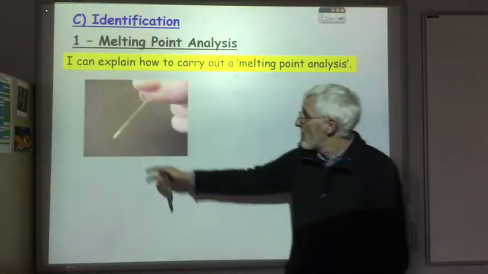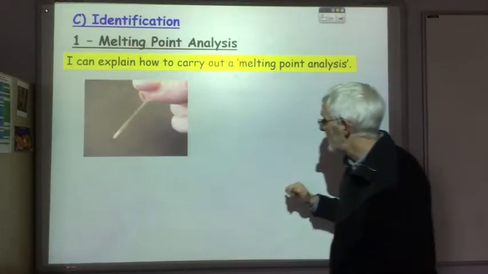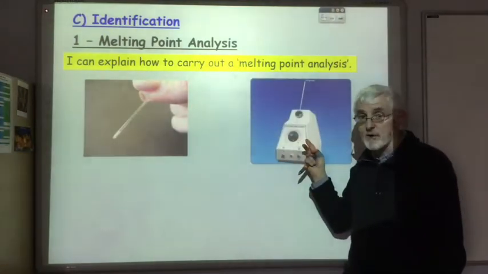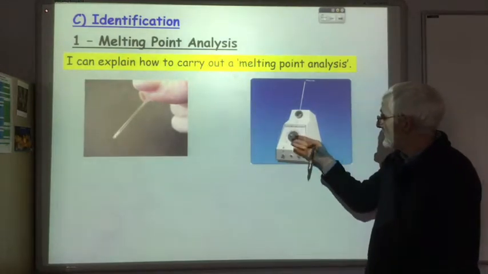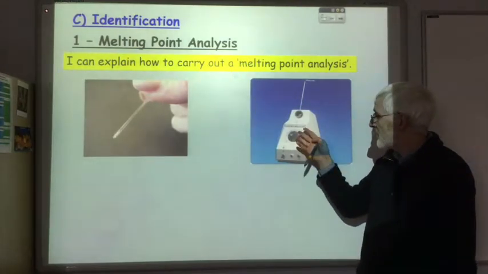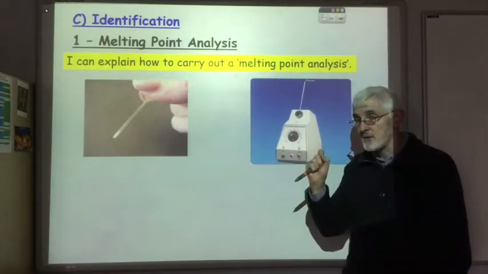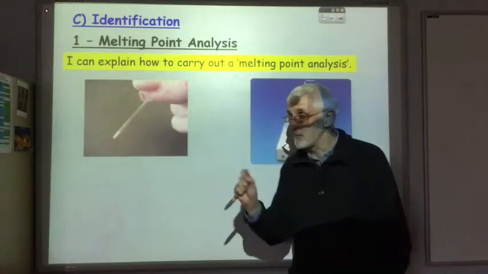So we get a small part of our sample and put it into a very thin-walled capillary tube, which we then place into our melting point apparatus. The melting point apparatus has a big metal block which gradually heats up, and we can see at what temperature the sample starts to melt and at what temperature it's completely melted.